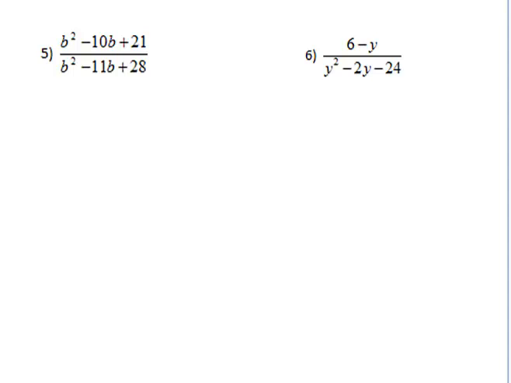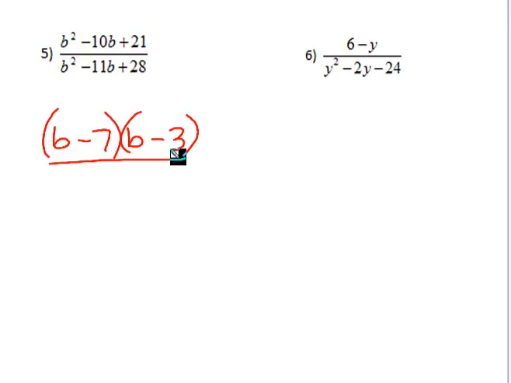So then we're going to try to factor these trinomials. So in the numerator, what do my two first terms have to be? Yeah, b and b. Okay, I'm looking for factors of 21, and I want my outside and inside to give me a negative 10b. 7 and 3, and should they both be minus or both be positive here? Both be negative because we want a negative 10b.